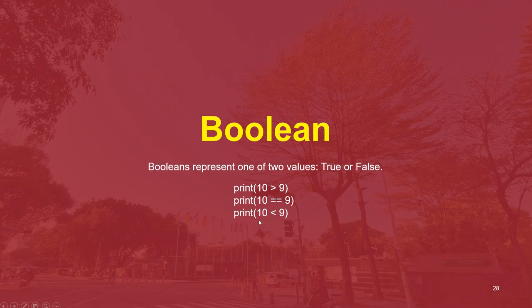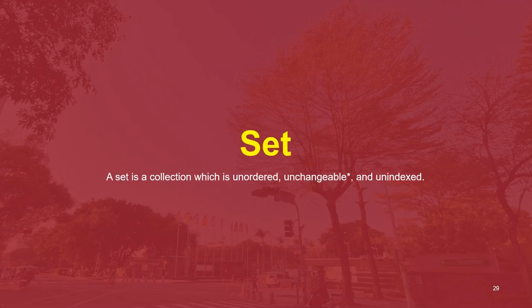If someone told you that 10 is smaller than 9, that is not true, so that will be False here. So our computer will do these things to help us understand the status of this sentence: is this true or is this false? I can use a Boolean to help us understand the status.